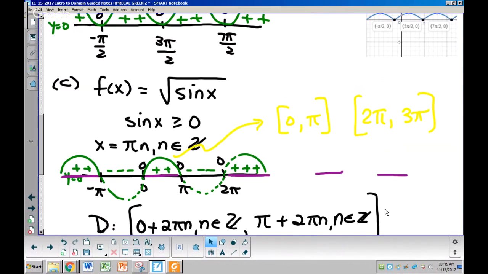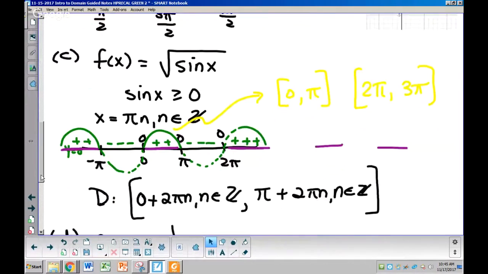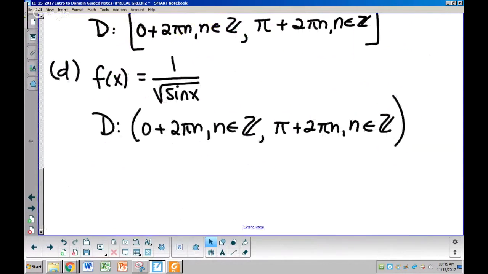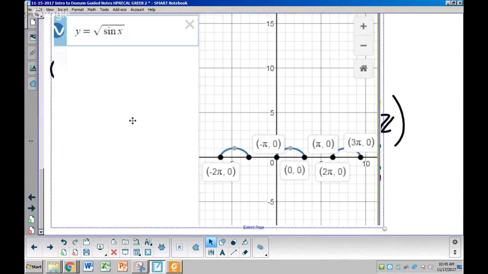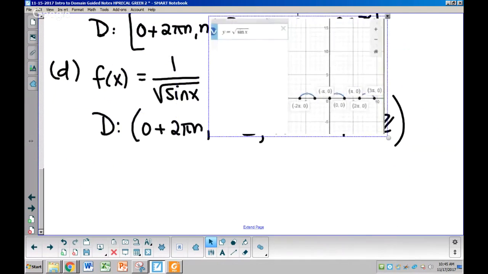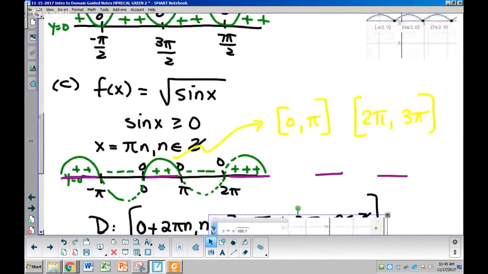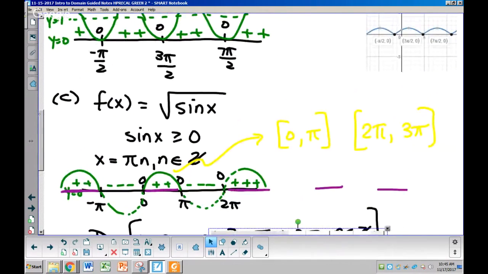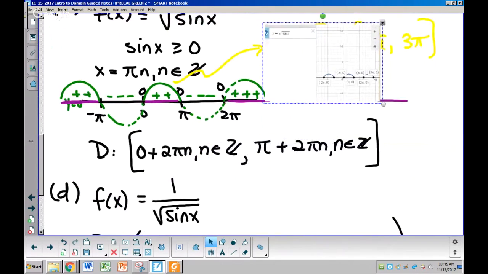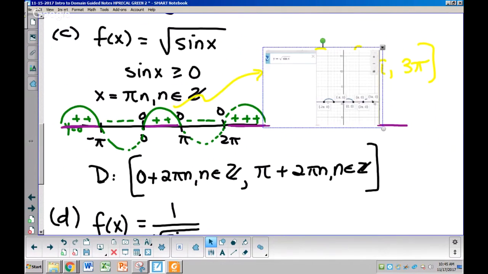You're like, Mrs. Muller, we're going to start taking square roots of these things. Oops, I want to put this with the other one up here. And then we're going to do 1 over the sine.